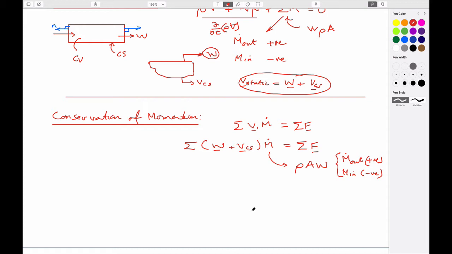And so if we have that, then we can get a balance that allows us to calculate what the forces are that are applied on the structure if we are holding it static by those forces, or if those forces are zero, we can calculate what the velocities are that that structure might move at. And we can always calculate, if we look at, for instance, magnitudes of velocities versus force.